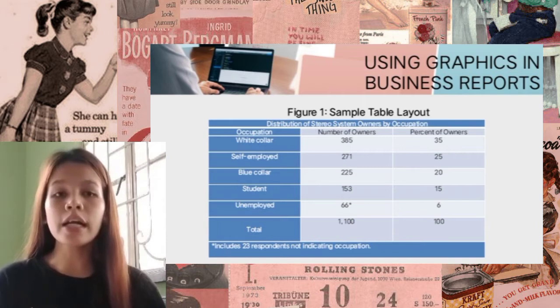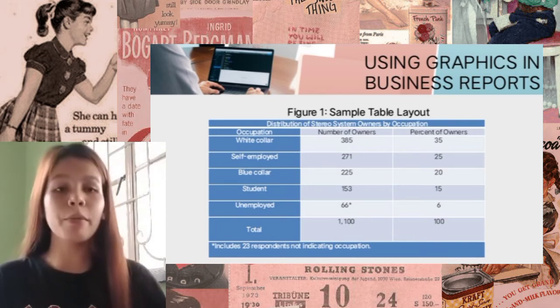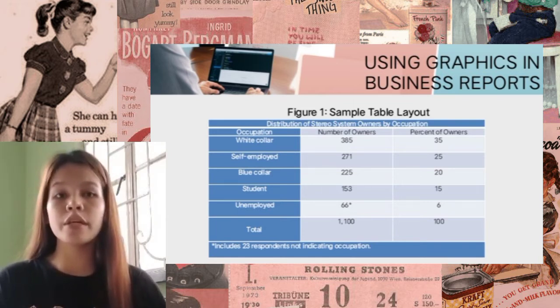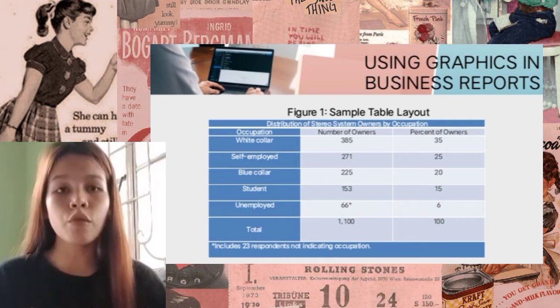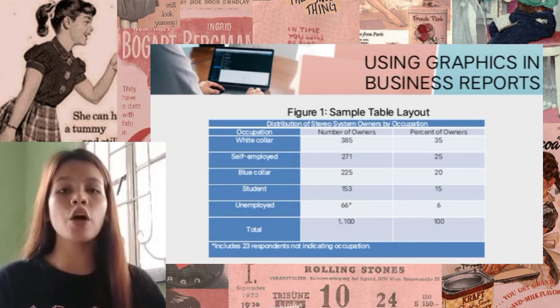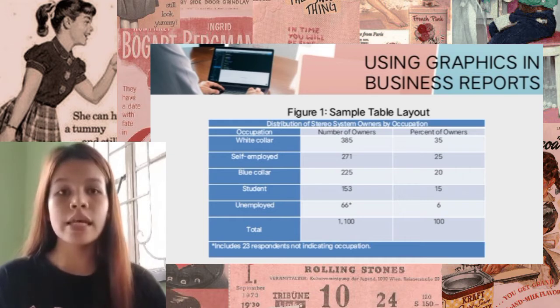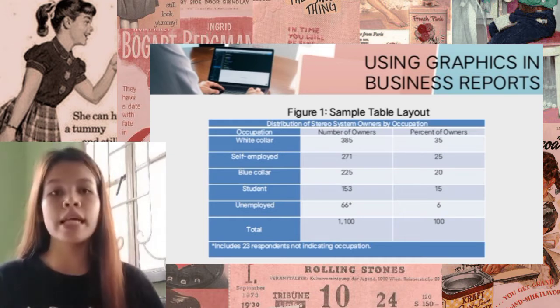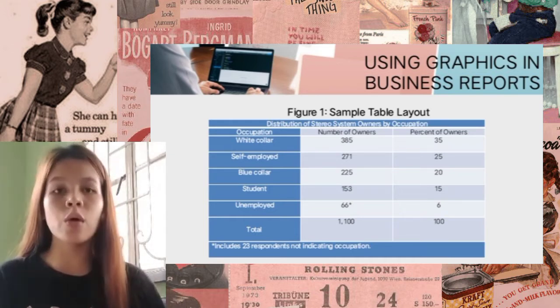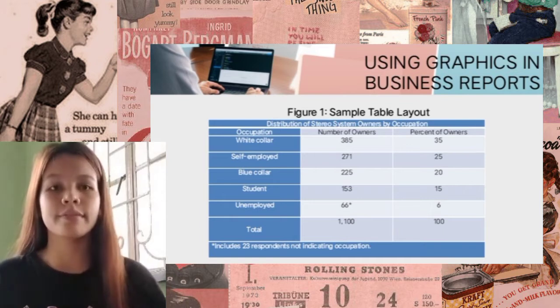Occupation, blue collar, number of owners 225, percent of owners 20%. Occupation, student, number of owners 153, percent of owners 15%. Occupation, unemployed, number of owners 66, percent of owners 6%, with a total of 1,100 owners.